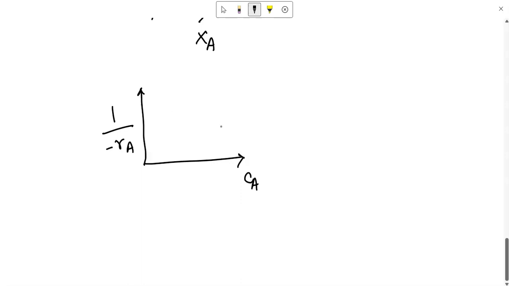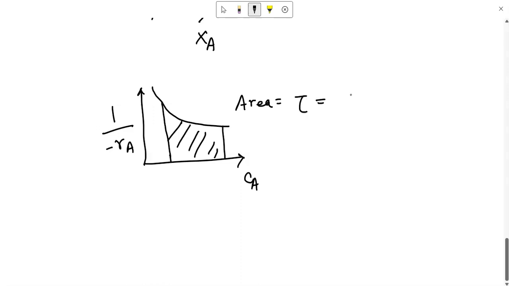Then you get a curve like this, and the area under the curve gives tau, that is CA0 V by FA0.